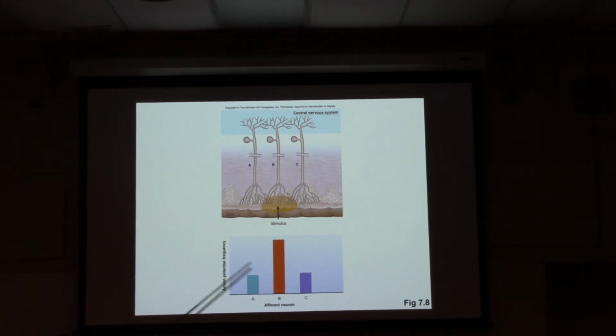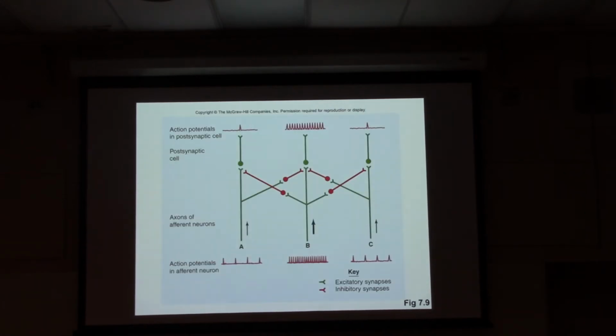And so these frequencies are happening right there at those receptors, but further along the chain of neurons, we get this lateral inhibition. So here's our receptor B, generates this relatively high frequency of action potentials. A and C generate action potentials, but at a lower frequency. And they send their messages along to their axon terminals, and it keeps passing on all the way, let's say, to the brain.